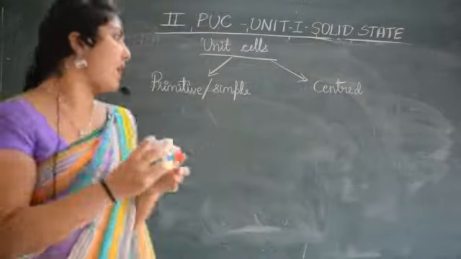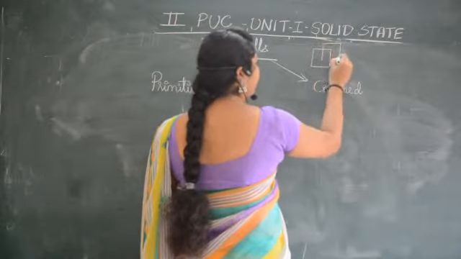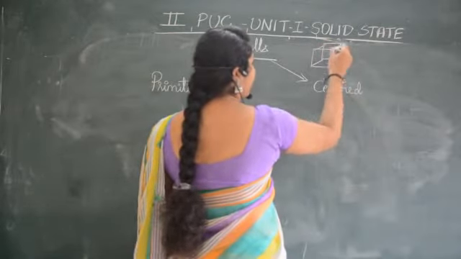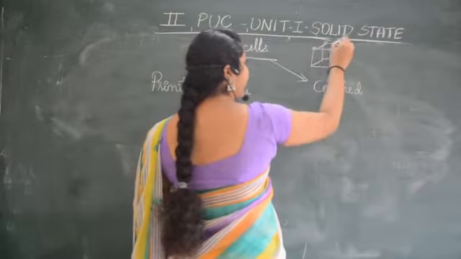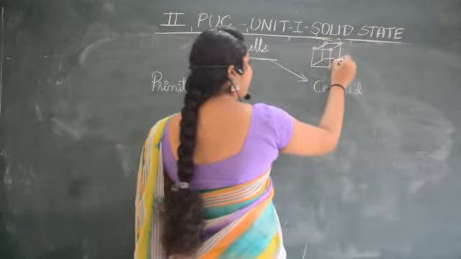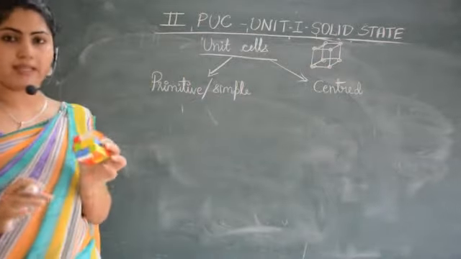Okay, let me draw the picture again, the diagrammatic representation. 1, 2, 3, 4, 5, 6, 7 and 8. There are 8 corners.